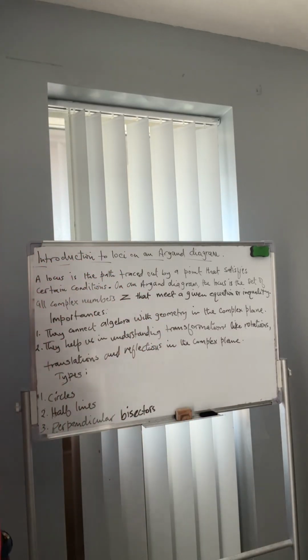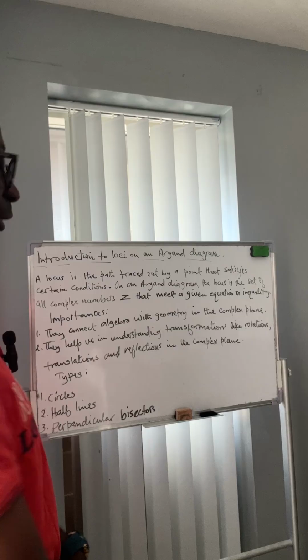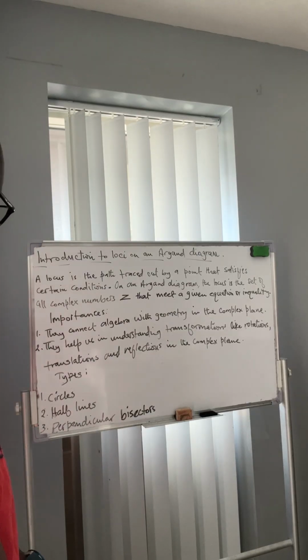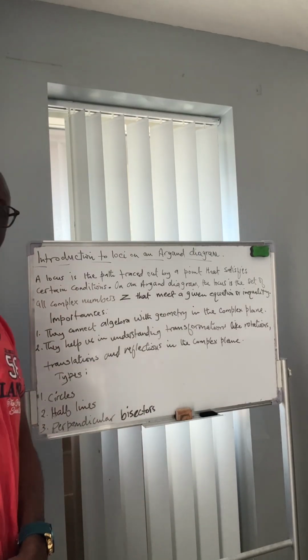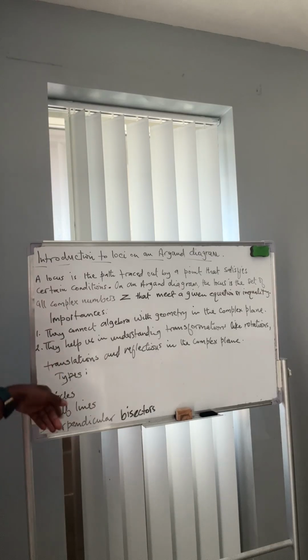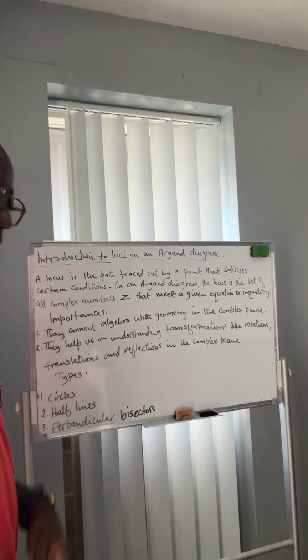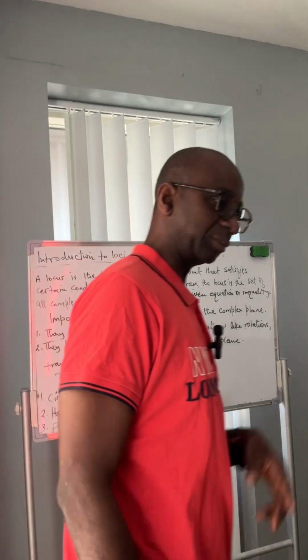So what types of loci on Argand diagram are we going to look at? We're going to look at three different types. We're going to look at circles. You know what a circle is? Something that is round.